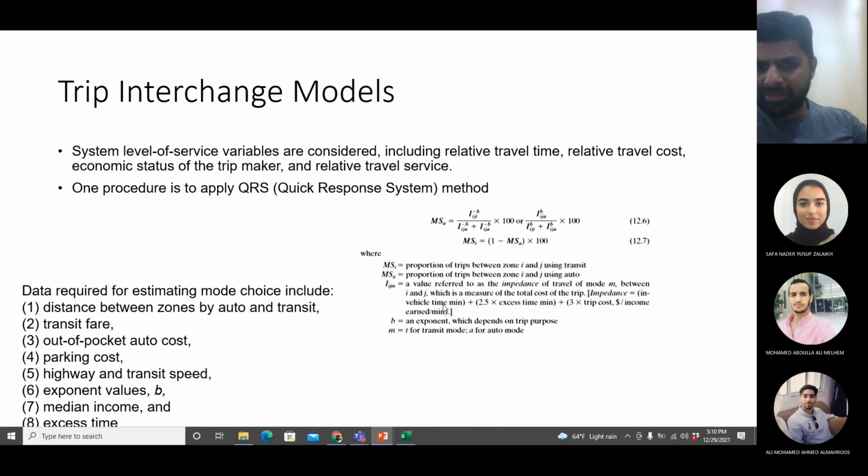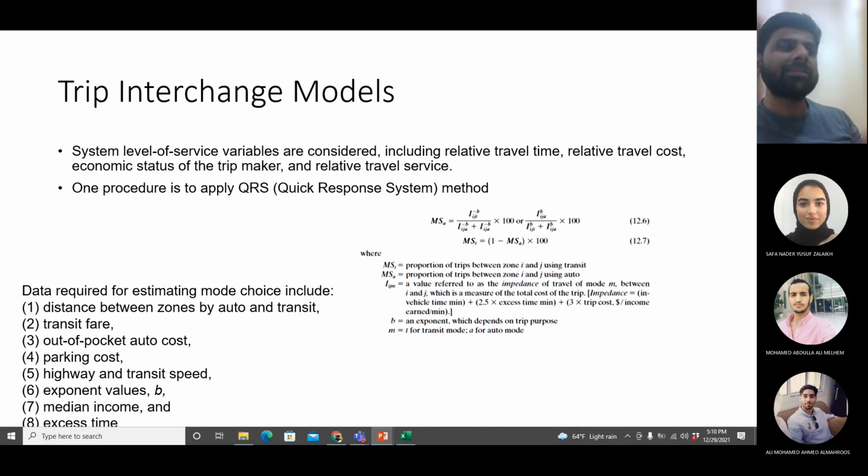If a mode is faster, the impedance will be lower. You will have less time here. Similarly, if the excess time is higher, you have to wait more, then impedance will be higher. Similarly, if the cost is higher compared to your income and the travel time, then impedance will be higher as well. So impedance is basically the resistance, the friction.